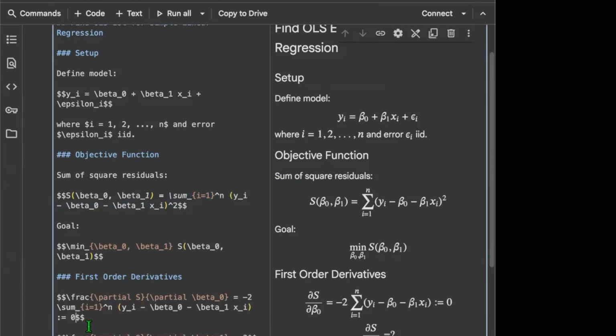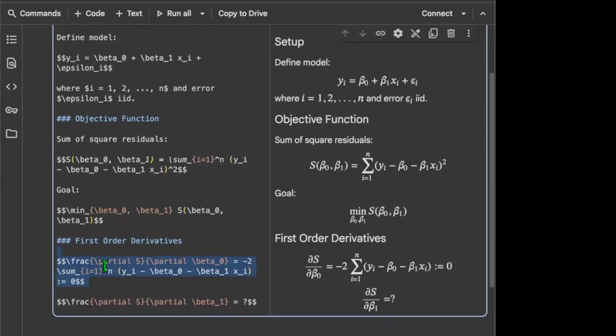The reason you set this to 0 is that when you're solving for the optimal solution, you are at an area where the objective no longer changes. That's the optimal area, and you want to find a solution that solves that equation. That's one thing we have to set up.